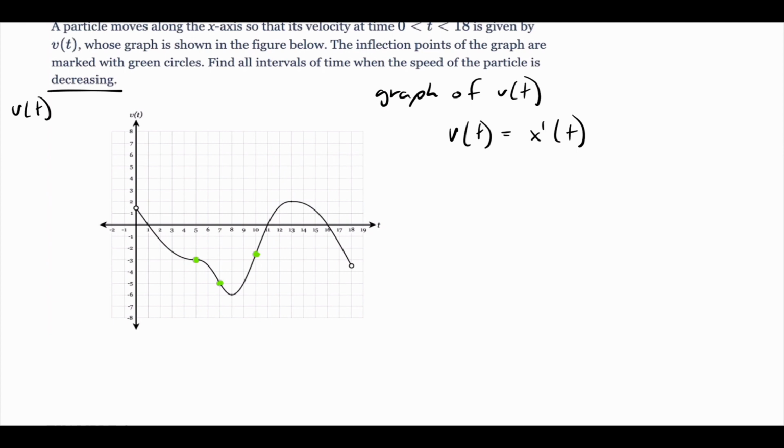Velocity and acceleration have opposite signs. That's what we're looking for. We're looking for velocity and acceleration to have different signs.